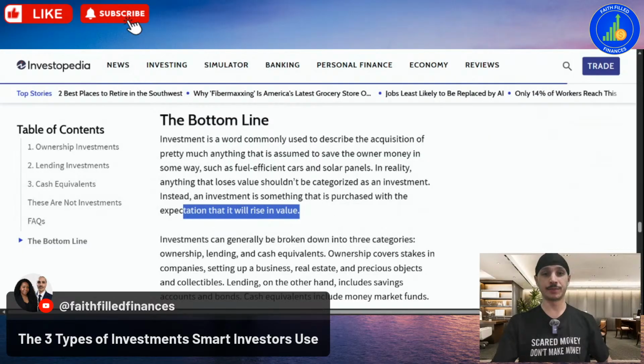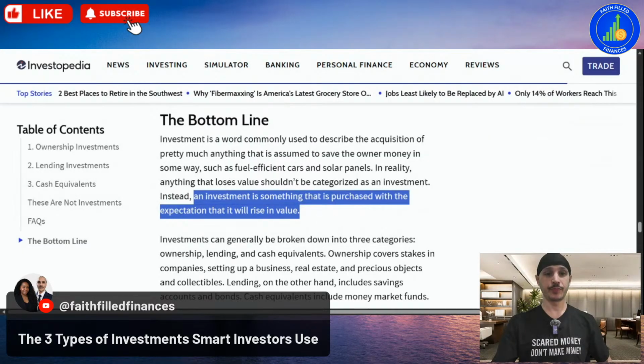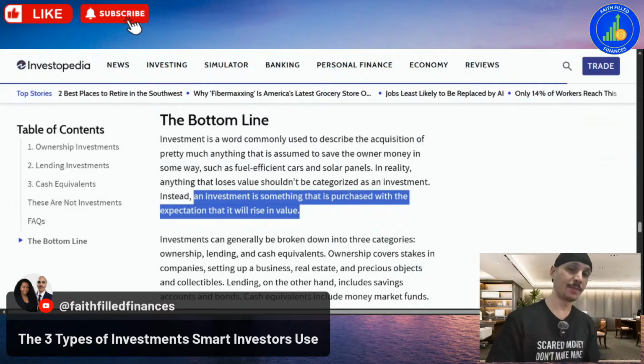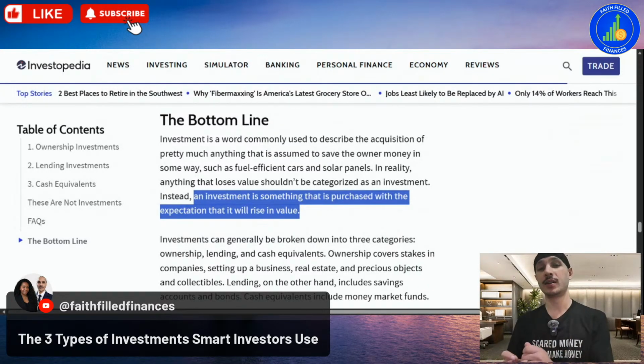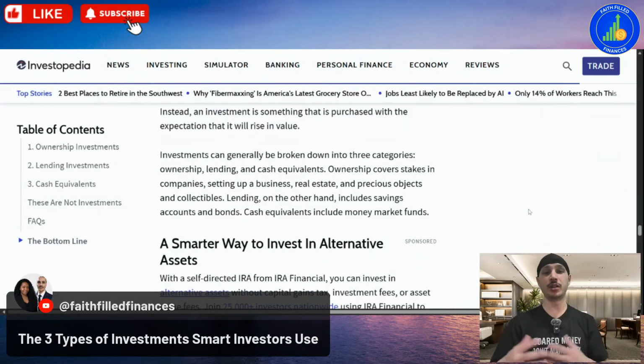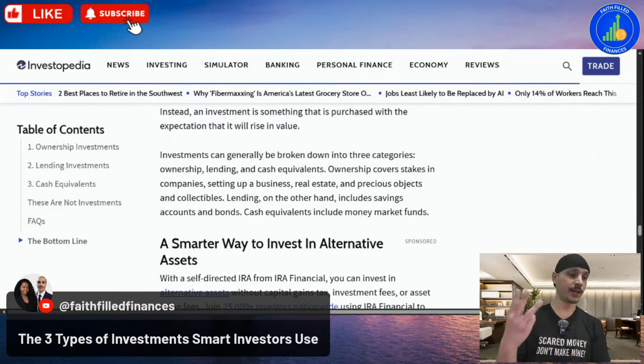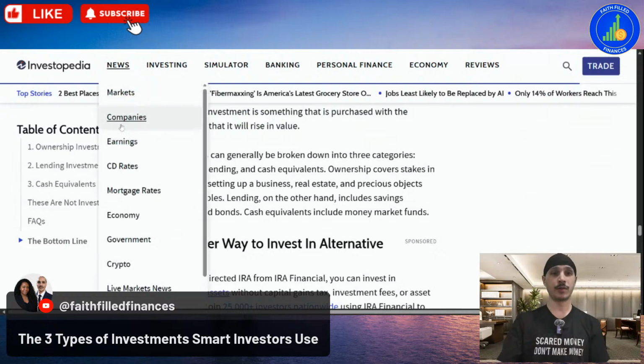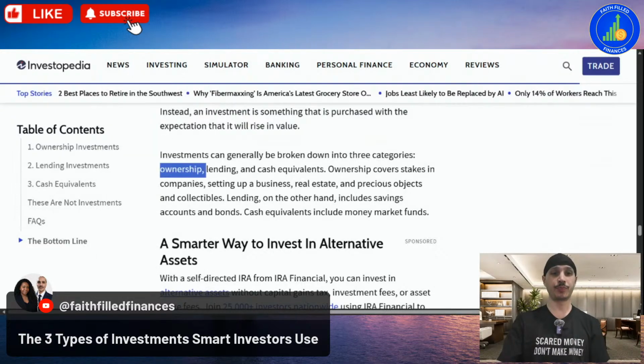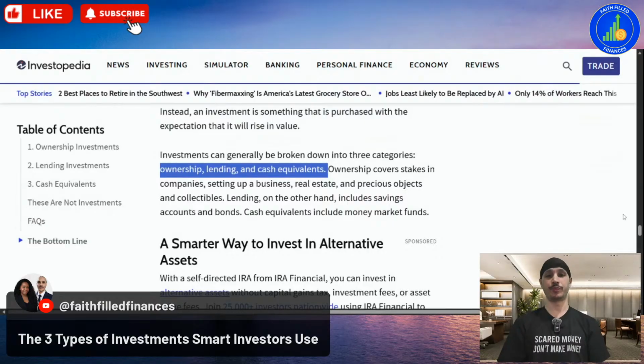You know what time it is? If you missed anything, don't miss this right here. An investment is something that is purchased with the expectation that it will rise in value. Investments can generally be broken down into three categories: ownership, lending, and cash equivalents.